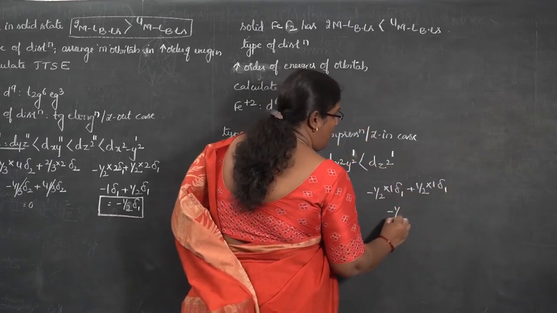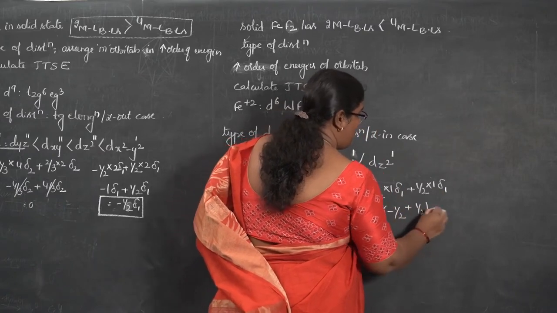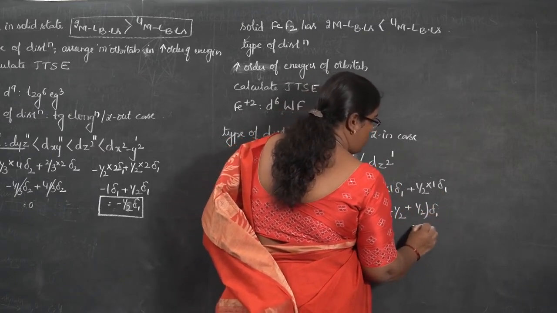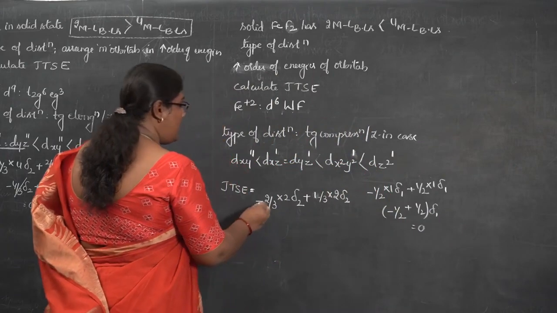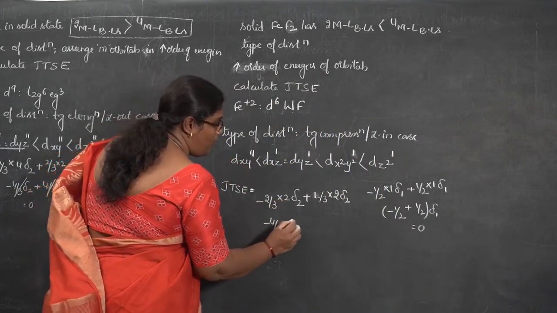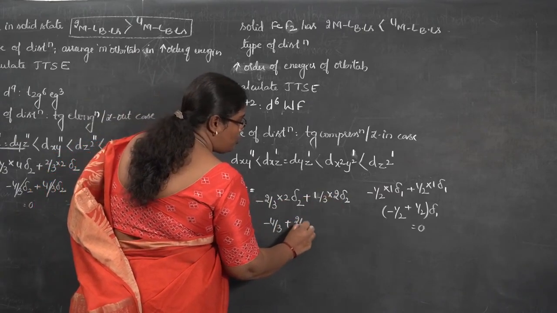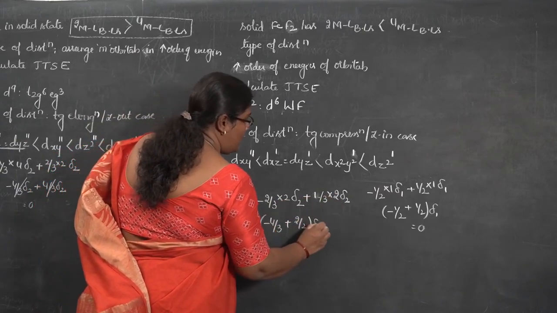So this is minus half plus half delta 1. So I can say that energy is 0 here, and here it is minus 2 by 3 into 2. It is minus 4 by 3 plus 1 by 3 into 2. It is plus 2 by 3 in terms of delta 2.